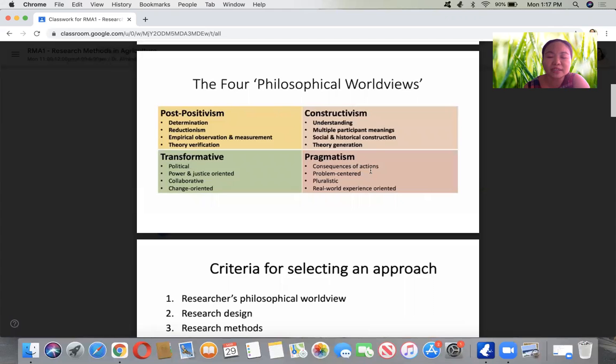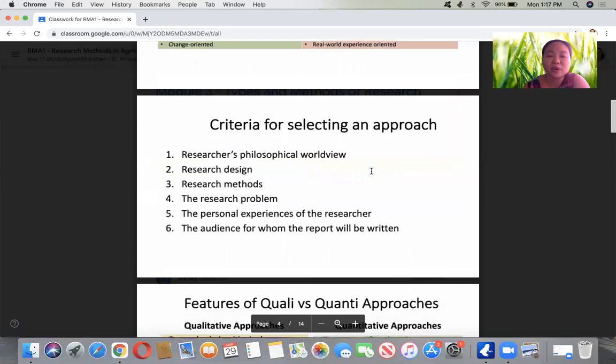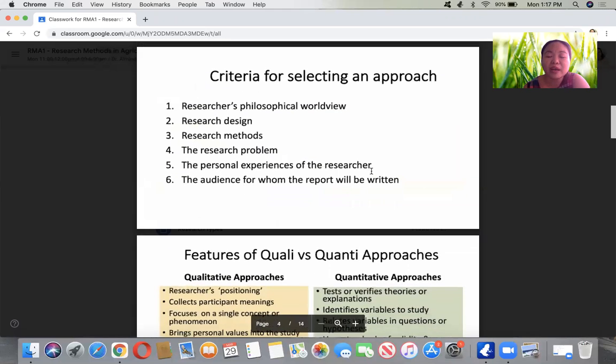it involves consequences of action. In your own research, there are criteria for selecting which approach you're going to use.